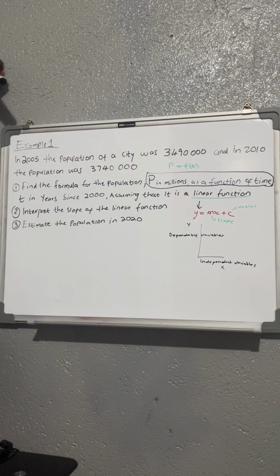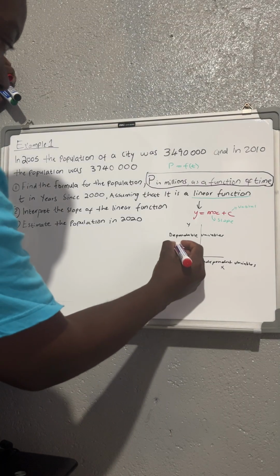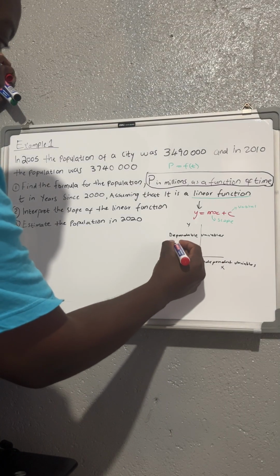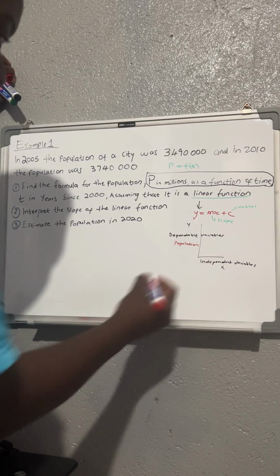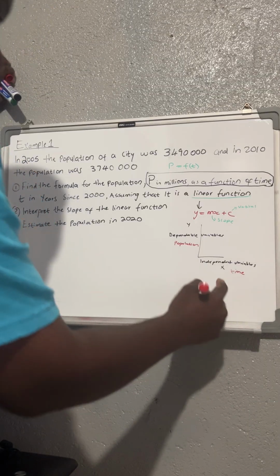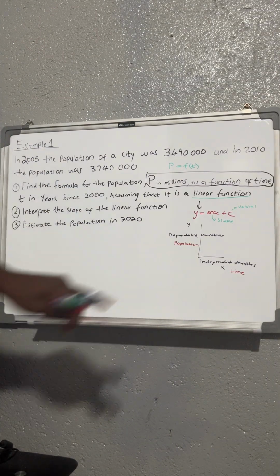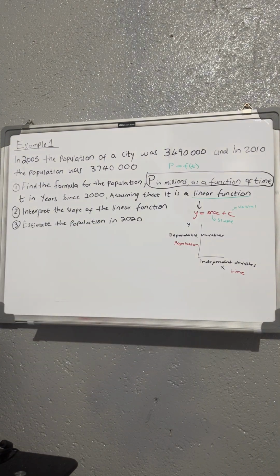You know the population would definitely depend on time for it to grow. So here you have your population, then this side you have your time. So time doesn't depend on population, but the population to grow depends on time.